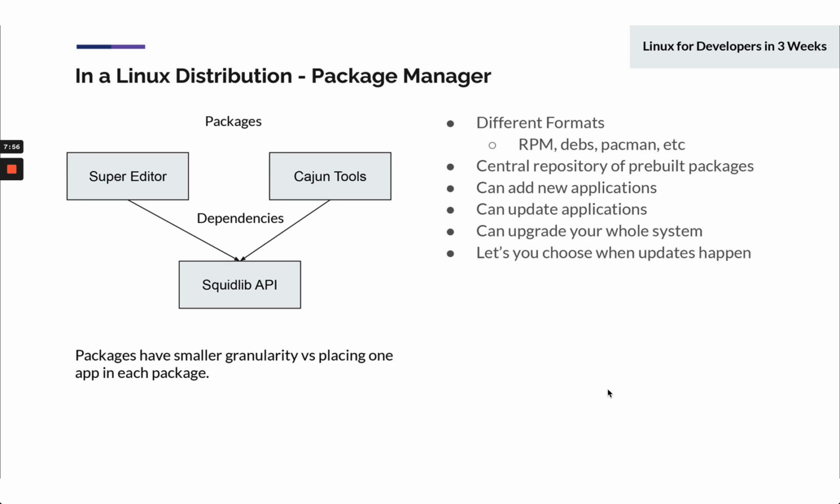They'll go into one place on the hard drive, and then all the applications that use it will just link and use that one set of shared libraries. And so they're not duplicated on the system. The packages will have these dependencies provided in there. So if you install Super Editor, it might also grab and install Squiblib API, which is something completely made up.